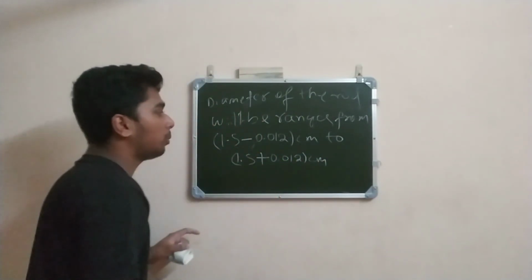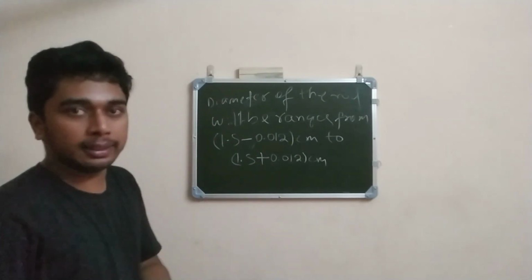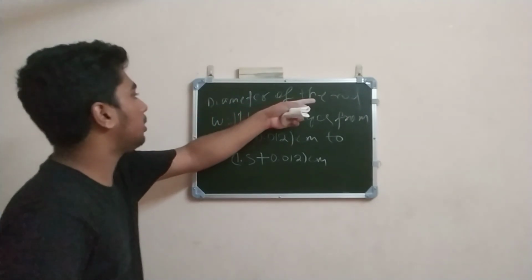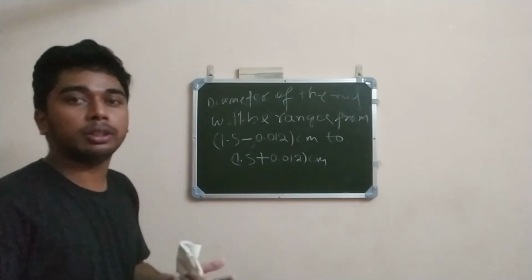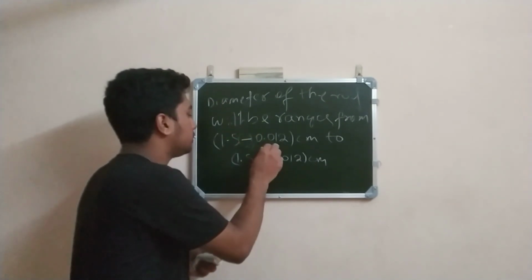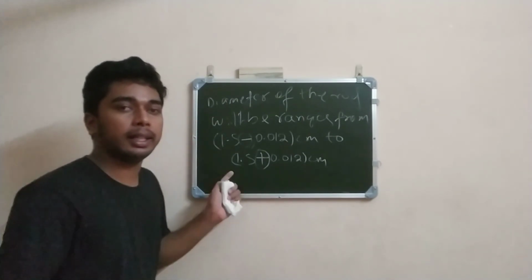So the plus or minus sign says there is a range, and the diameter of this rod lies in between. That is the meaning of the plus or minus sign.